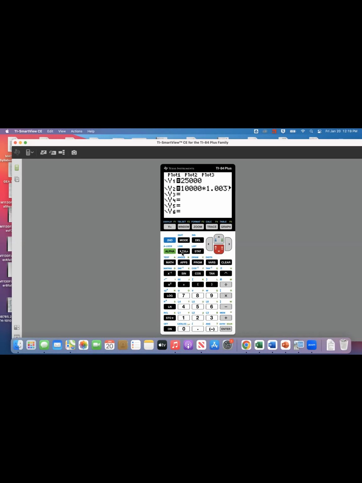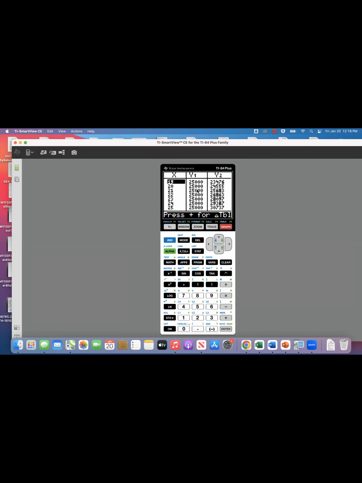I've got y1 and y2, and I need to find the intersection of these now. Before I go to graph it, I've got to think about my window. Again, to think about the window, go to your table of values, do second table, and you have to think a little bit here.